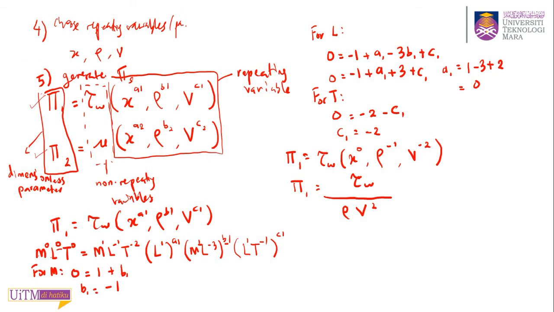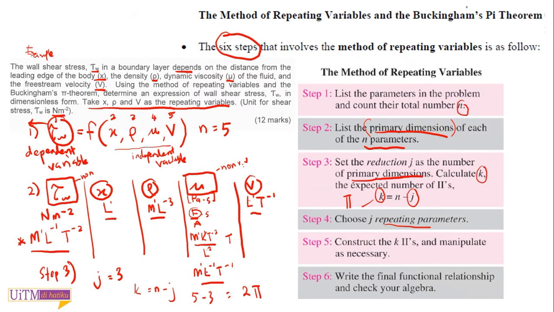And mu, we know the primary dimension for mu is M1 L minus 1 T minus 1. So we write the primary dimension for mu M1 L minus 1 T minus 1, and x is L1 to the a2, and rho is M1 L minus 3 to the b2, and v is L1 T minus 1 to the c2.